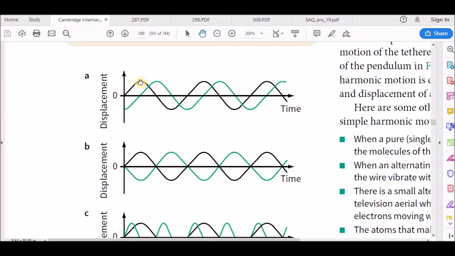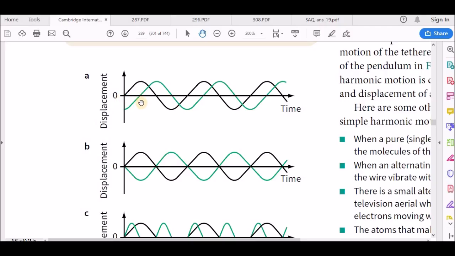Now think of the green one. Can you see the green wave starts after 1/4 of the black wave? See, the green wave starts from here. That's why we say it is quarter of a wave behind the black wave. See the time here starts at 0, but the time here is more.